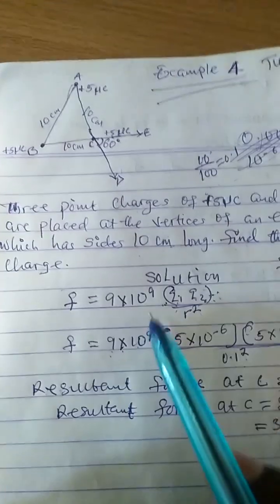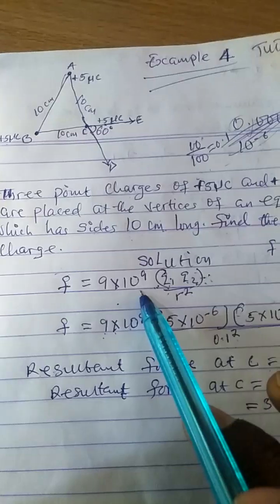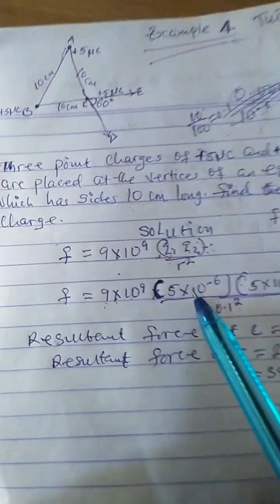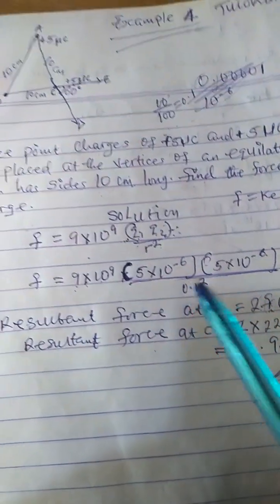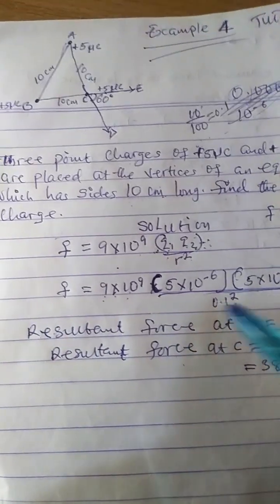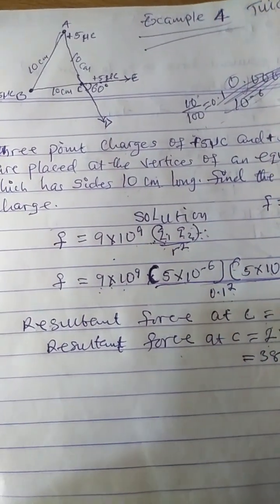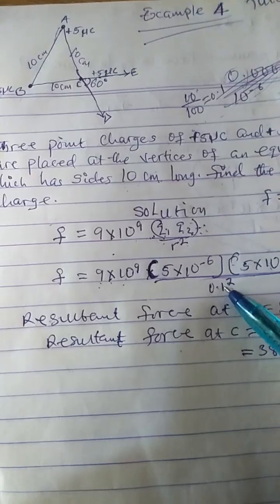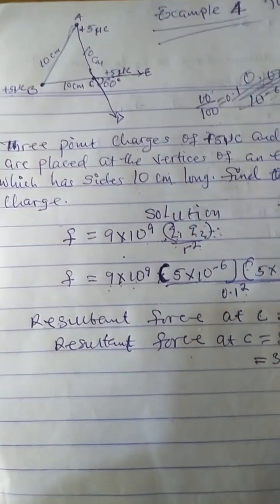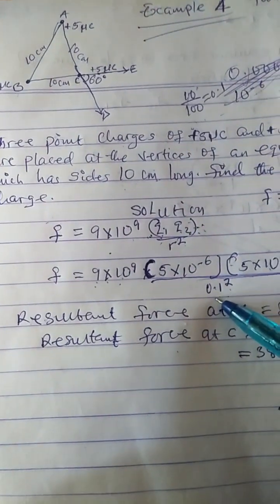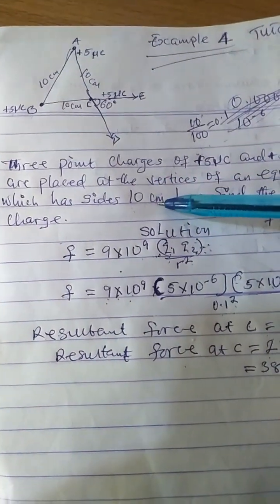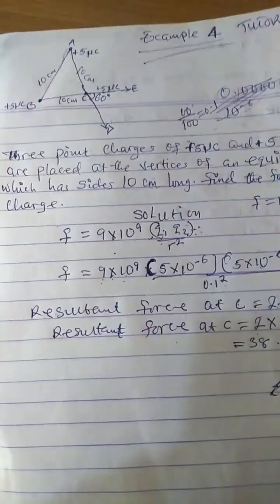So this K_e is 9 times 10 raised to the power of 9, while this one is the Q1 and this one is the Q2, while 0.1 squared is the R squared. Why do we get 0.1 squared? We convert 10 cm to meters, and we have this expression.